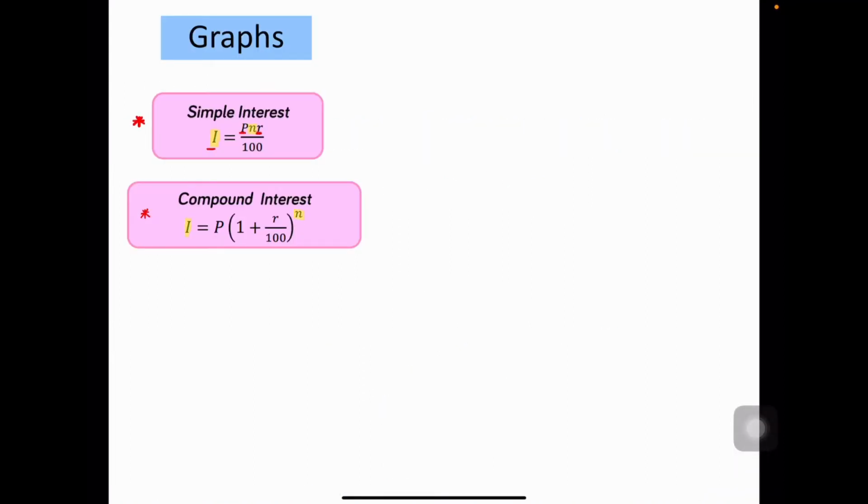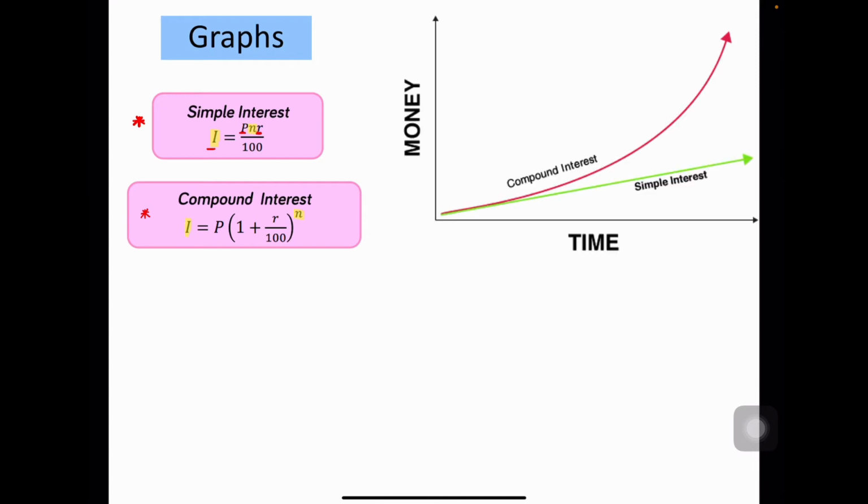Now that we have identified our dependent and independent variables, how do you think that these two will look on a graph? So this is how they would look.